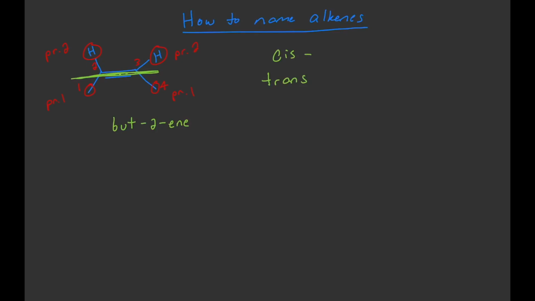So cis, again, is highest priority, same side. And then trans is highest priority opposite. Oops, I cannot spell.